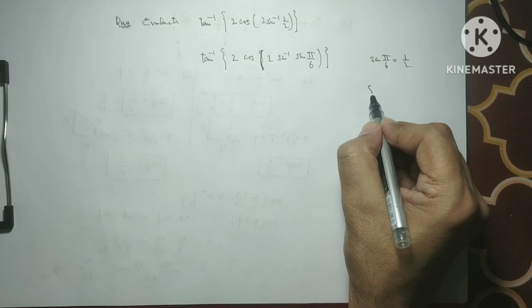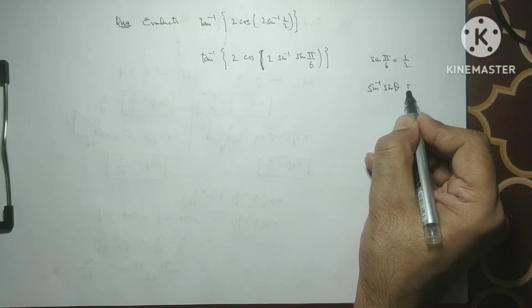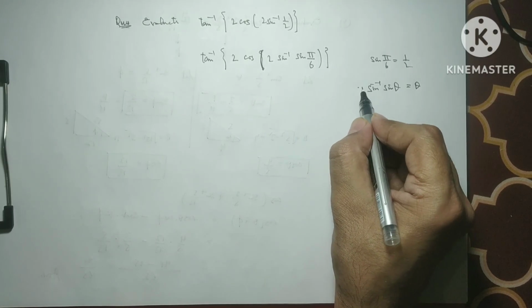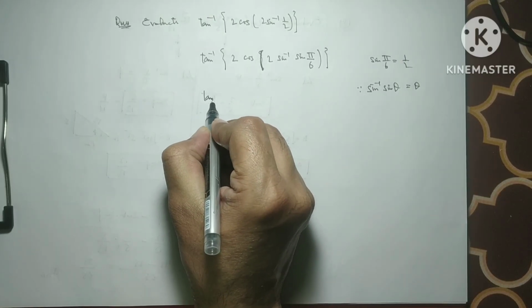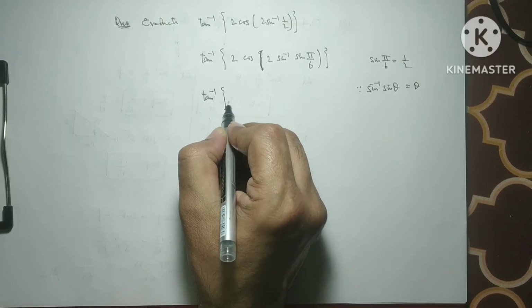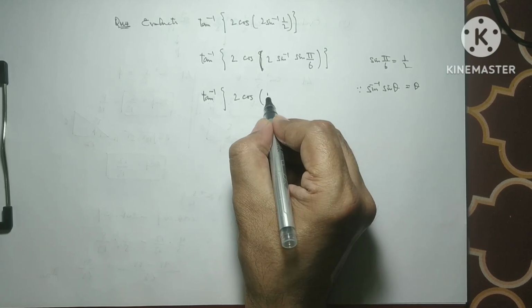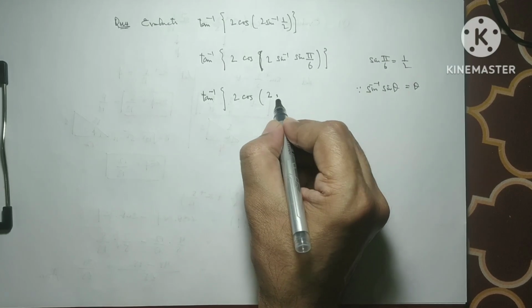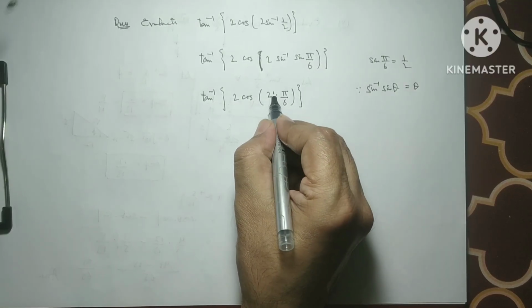And sin inverse of sin theta is theta by theorems. So it becomes tan inverse of twice of cos, and it is 2 into pi by 6. So we get pi by 3.